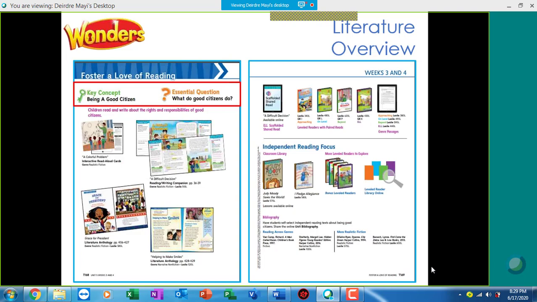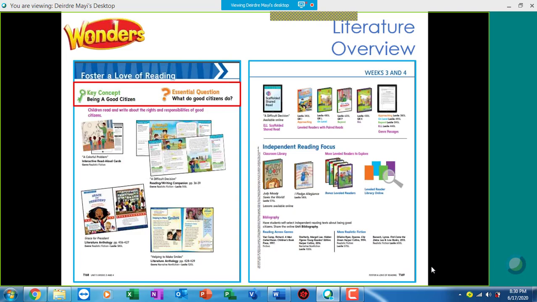So within the Reading Writing Companion, I'll be introducing you to that in just a bit, there will be a shared read that students will enjoy reading during whole group. There will also be a collection of literature. It's a hardbound collection of literature that will contain 2 texts that students will read during whole group.